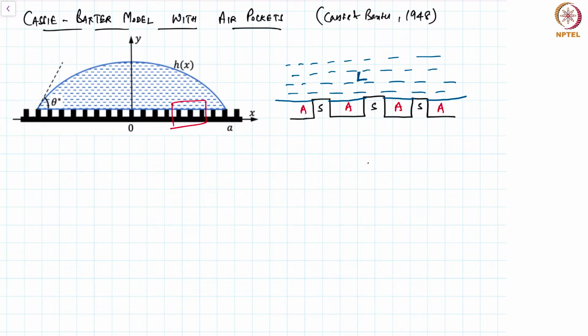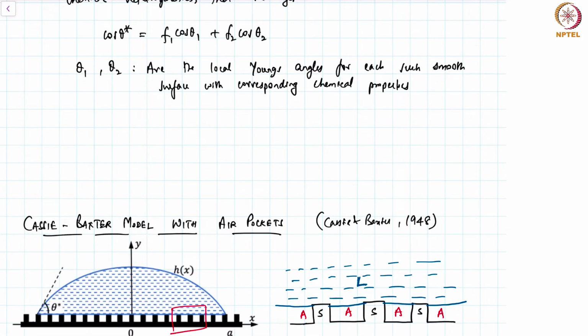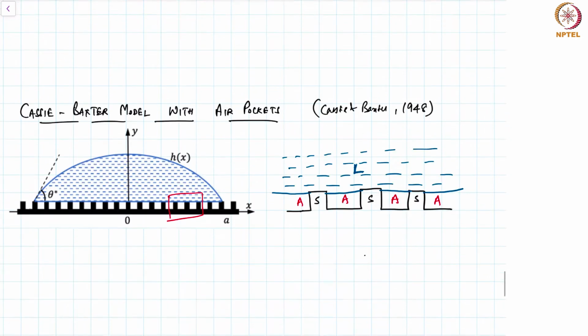So we can come up with a very simple strategy to get the answer rather than working out a detailed analysis. If we look at the previous case, we were able to get the apparent contact angle in terms of area fractions of different types of surfaces that make up the composite surface.